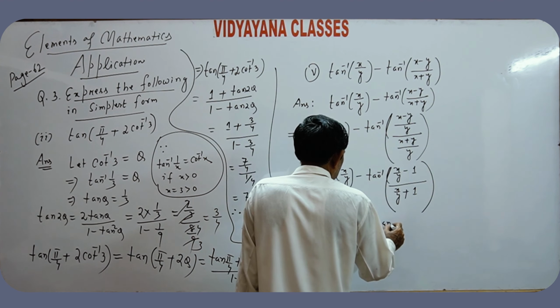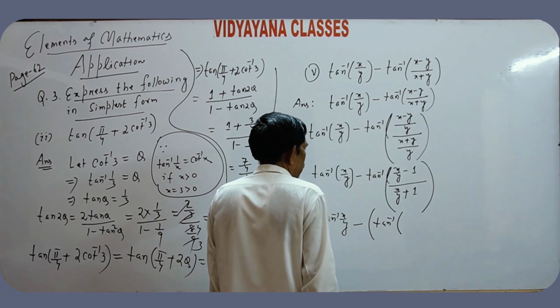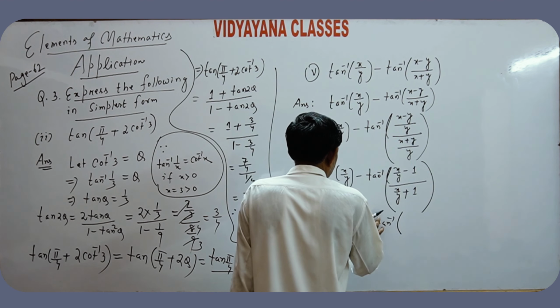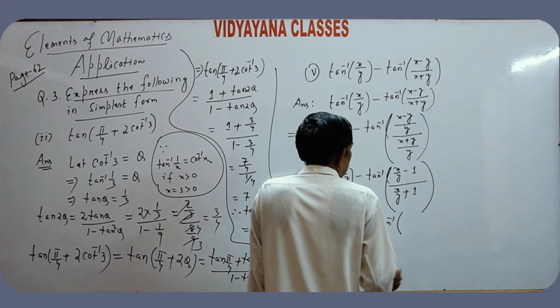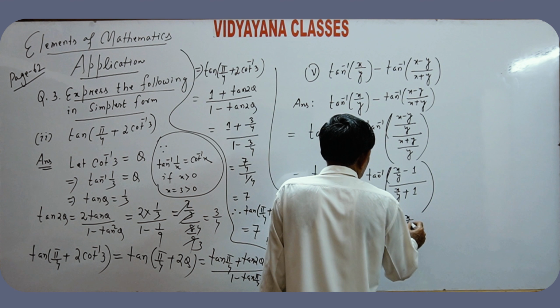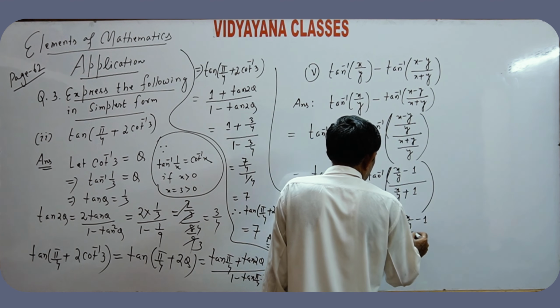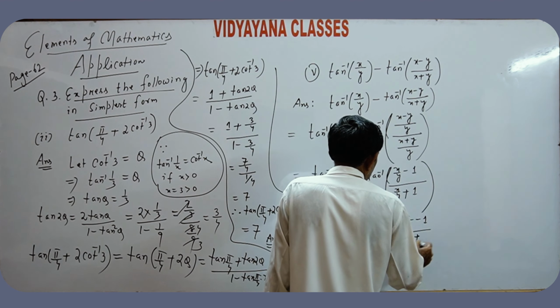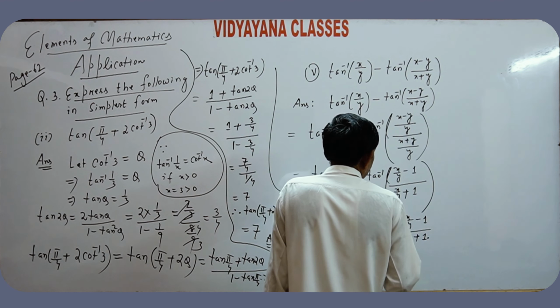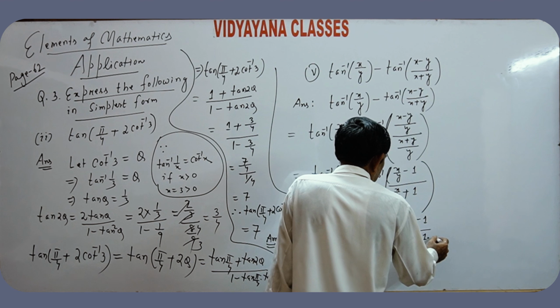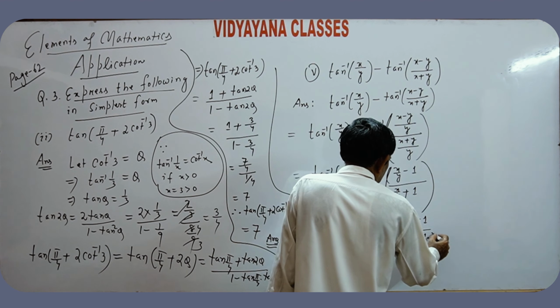which is same as tan inverse x by y minus tan inverse x by y minus 1 divided by 1 plus 1 into x by y.